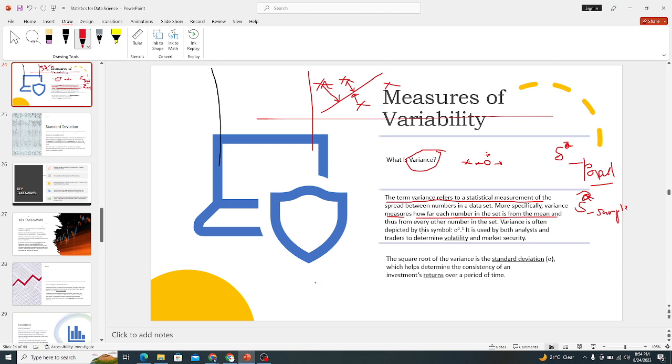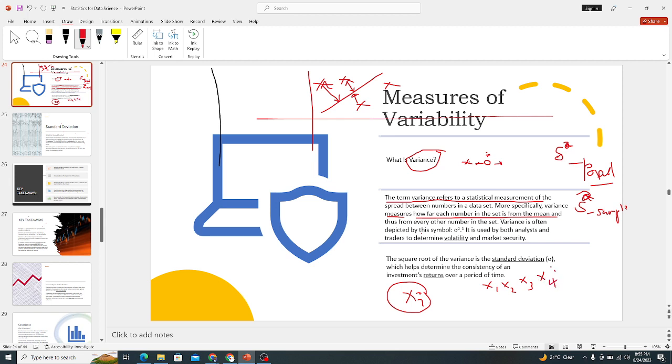Let's try to make a formula out of our definition. Let's assume we have our xi's, our x values, where i goes from 1 up to n. We can calculate the mean out of the xi's. Let's assume we have x1, x2, x3, x4.